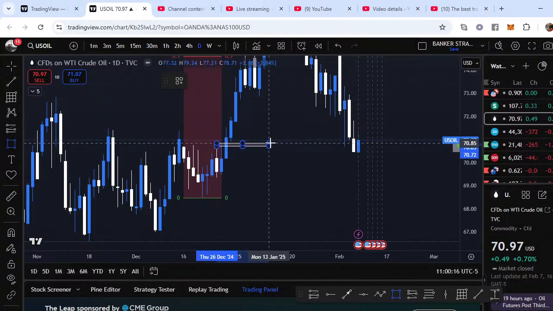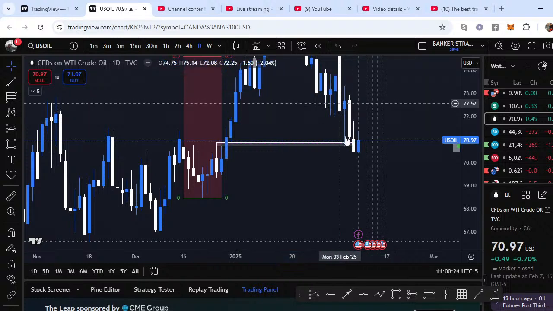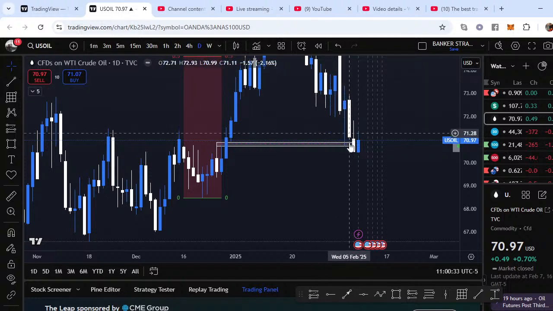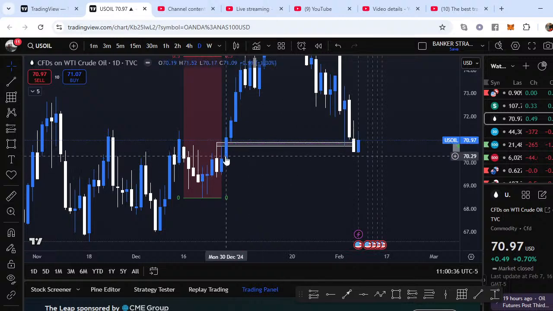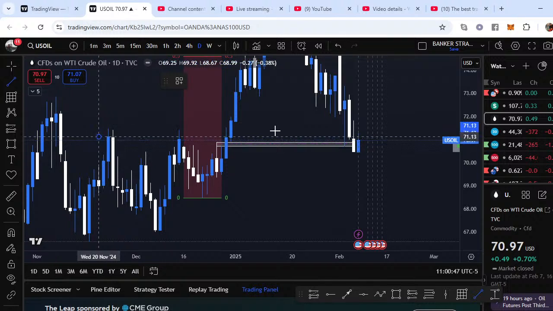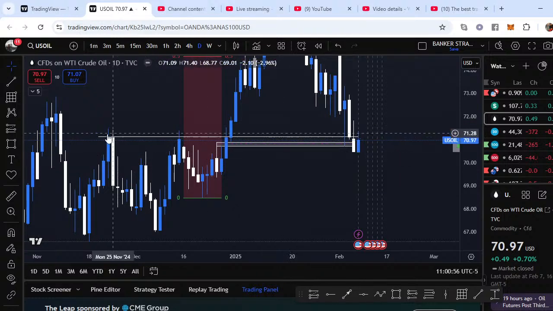This is a fair value gap. We've seen price actually come to it and react off of that. And it filled in that range, this whole range here, before completely coming down to this, which is considered a breaker.